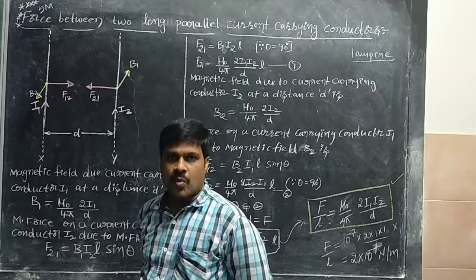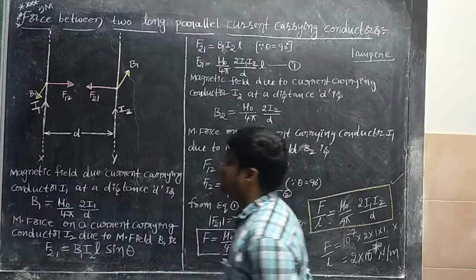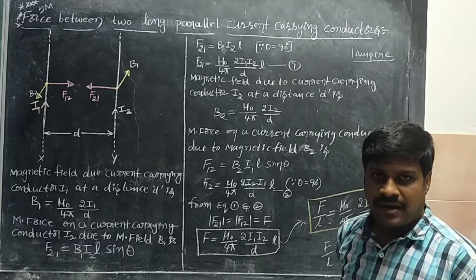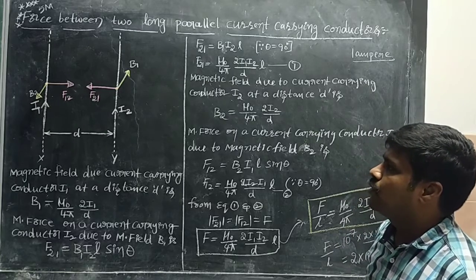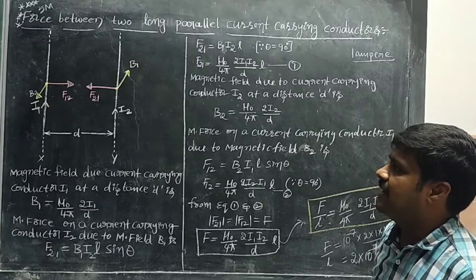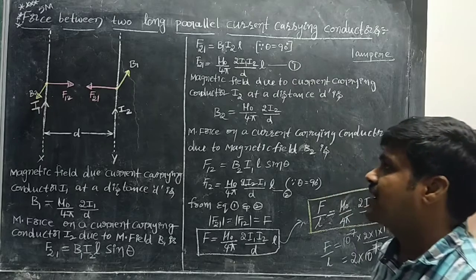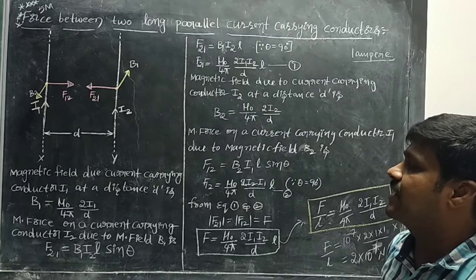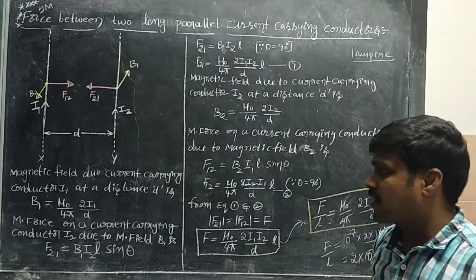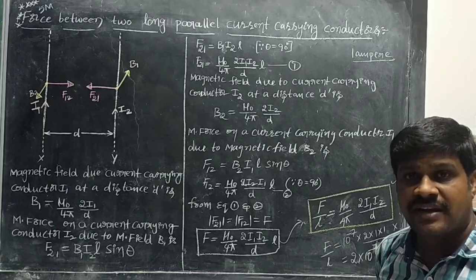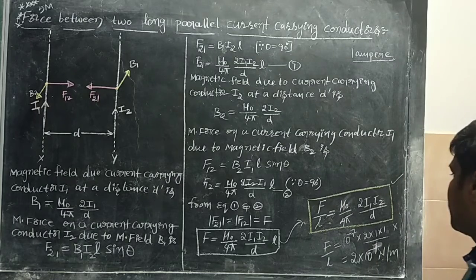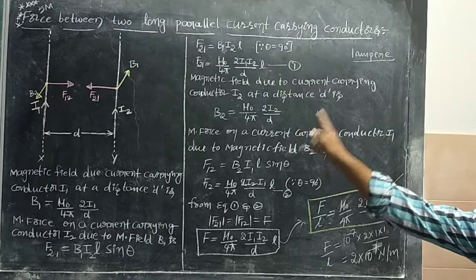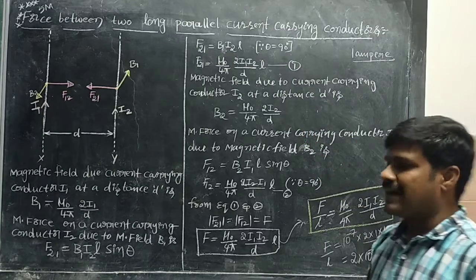Then only current is said to be 1 ampere. 1 ampere is the current in each of two long, straight, infinite, parallel current carrying conductors having negligible cross section area and separated by 1 meter distance in vacuum, which experience a force of 2 into 10 power minus 7 Newton per meter. Then the current is said to be 1 ampere in those two conductors.